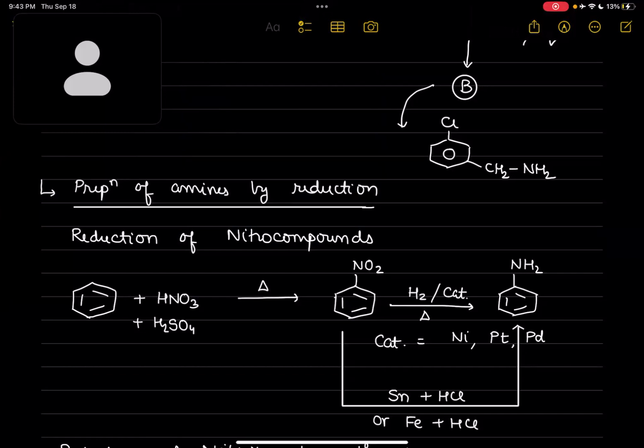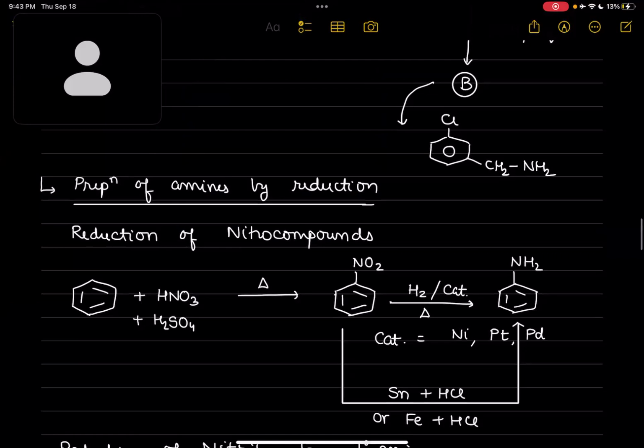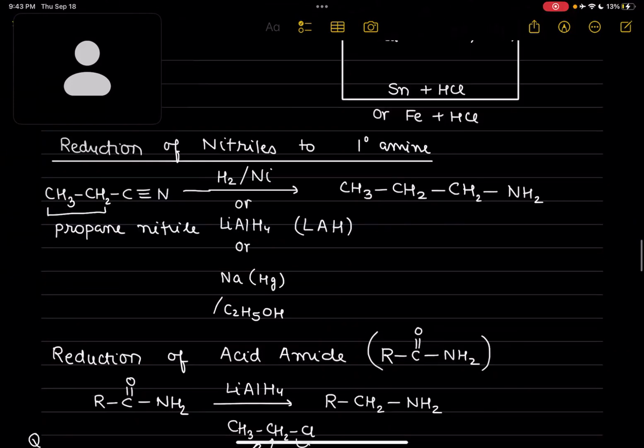Yeah, Aisha, Marwa. They are stronger bases than water, more basic than water. Exactly, absolutely. That's true.